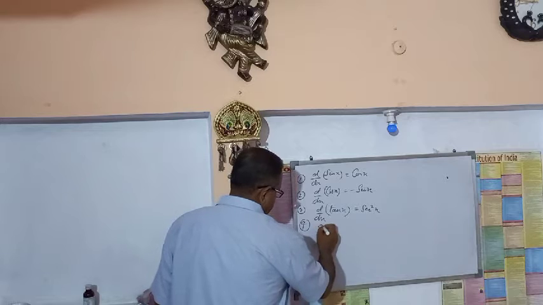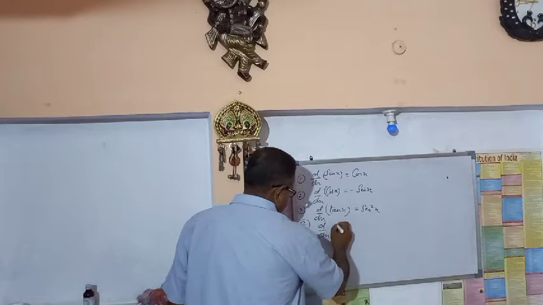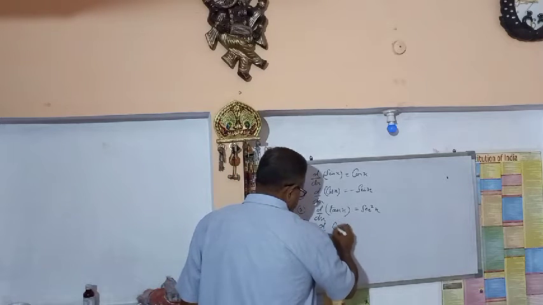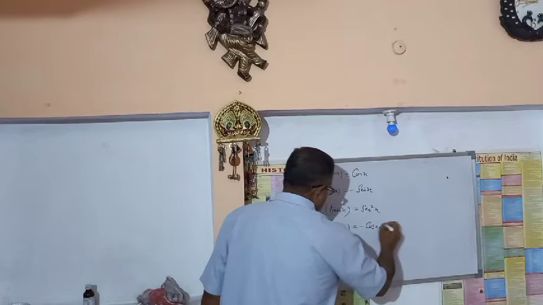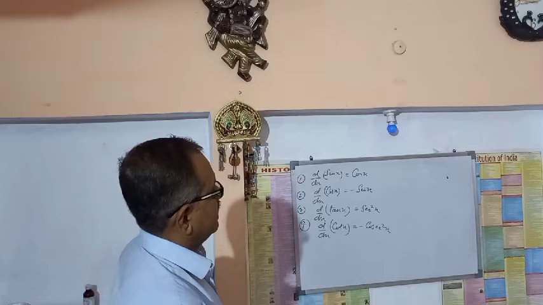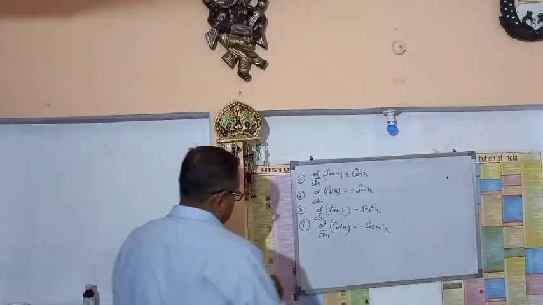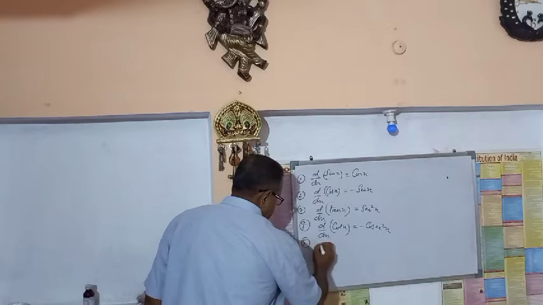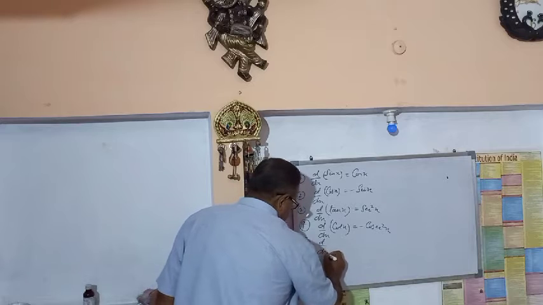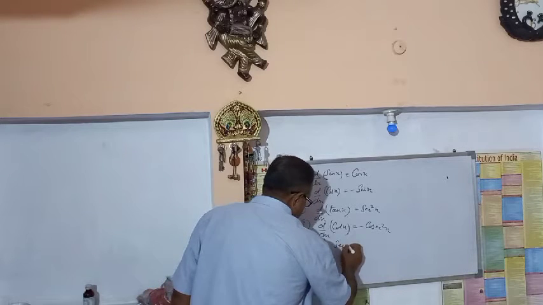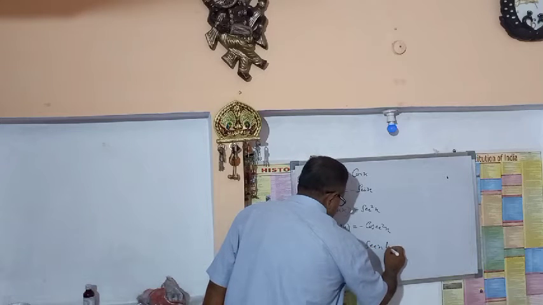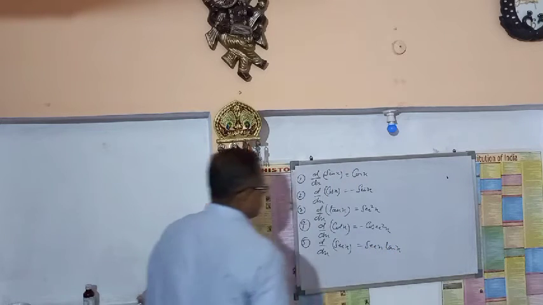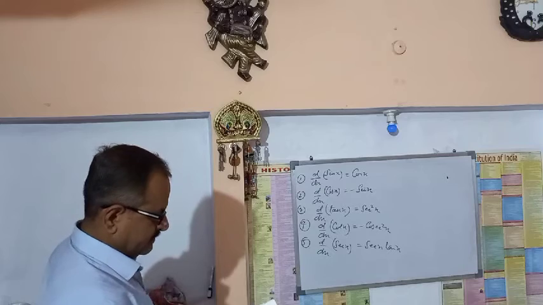Next, fourth one, d by dx of cot x is minus cosec square x. Fifth one, d by dx of sec x. It is sec x tan x.